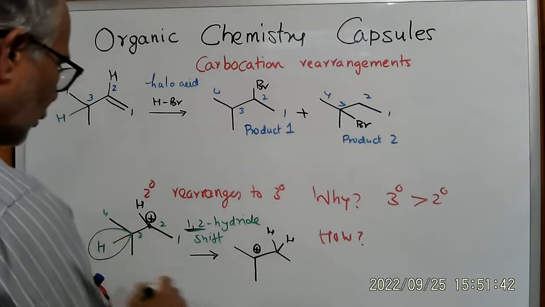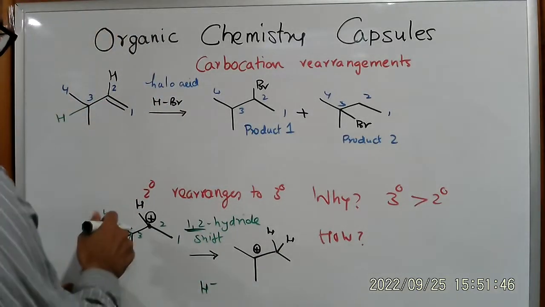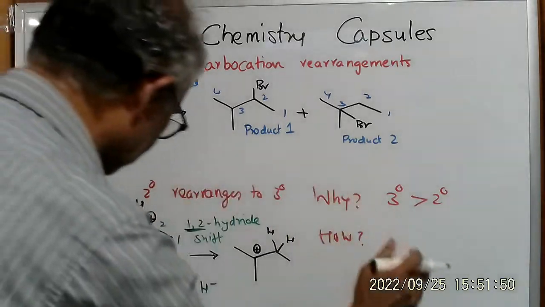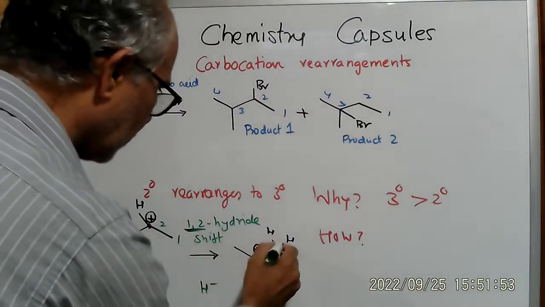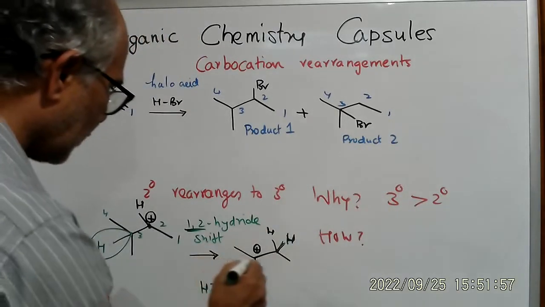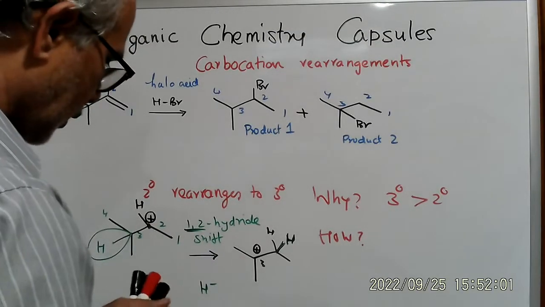The hydrogen moves as hydride, which is H minus. So this C-H bond shifts, and you get that green hydrogen now here, as a result of which carbon 3 lost its electrons. So you get a tertiary carbocation there.